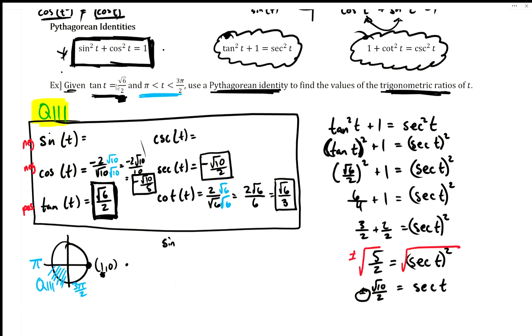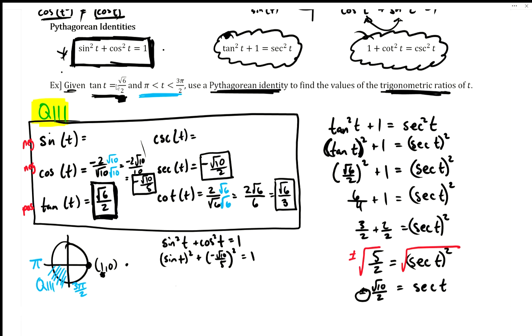Let's set that up right here. And I might need a little more room. I hope I can fit it all. And we can sub in the cosine of t answer. So I'm going to do 2 steps in one. Let's rewrite that as sine of t all in parentheses squared plus cosine, negative radical 10 over 5 in parentheses squared, set equal to 1.